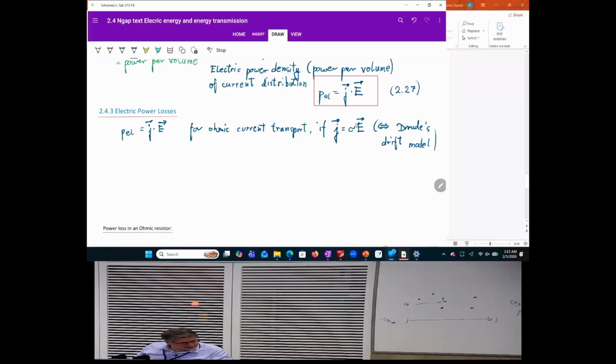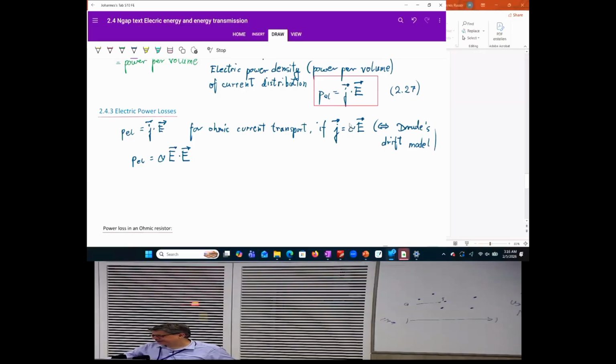So in our P electric, we substitute the current density with sigma E, and we keep the second E here, right? You see this is just a scalar product, because this is also just a scalar quantity.